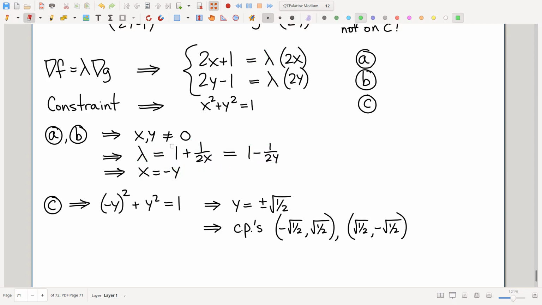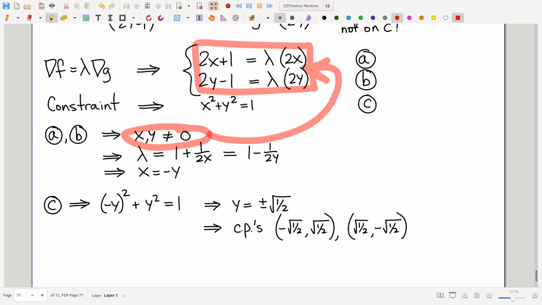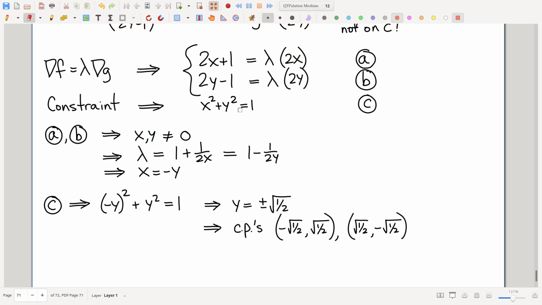And good news, it's pretty easy to eliminate the possibility of x and y being 0, because if you just plug in either x or y being 0, the equations don't work. You get 1 equals 0. So, it's no trouble. Whenever you're going to divide by something, you better make sure that you know it can't be 0.